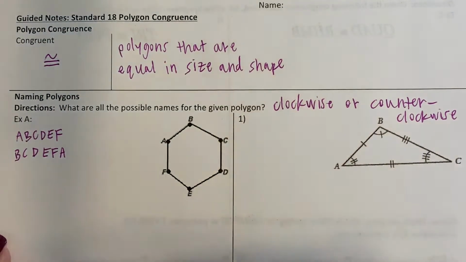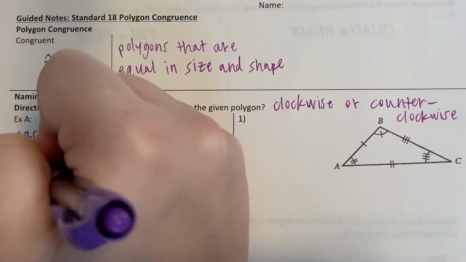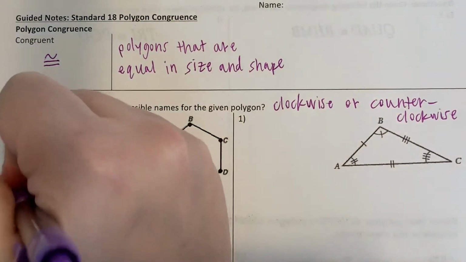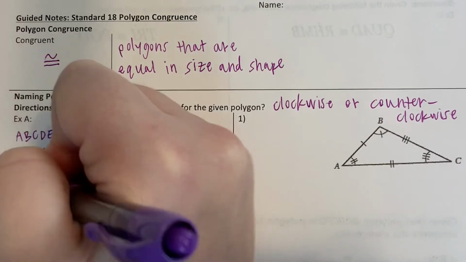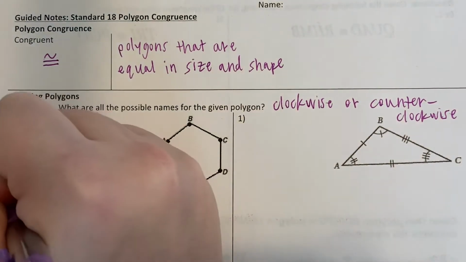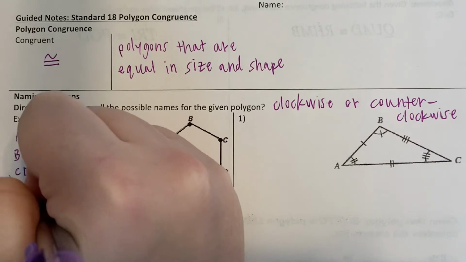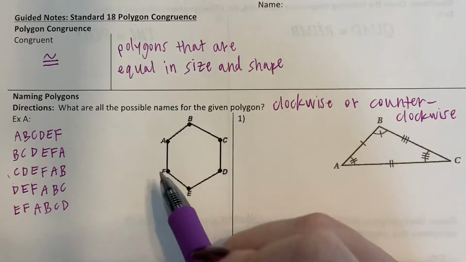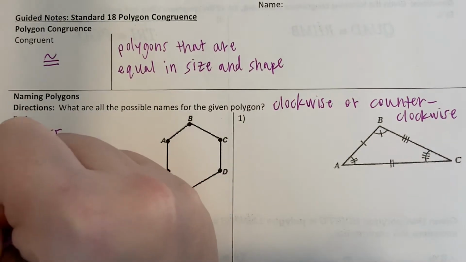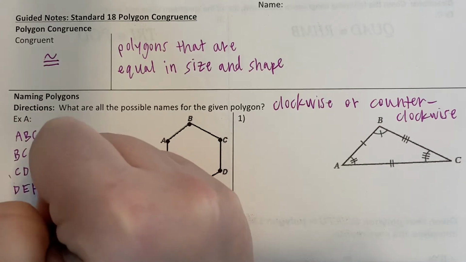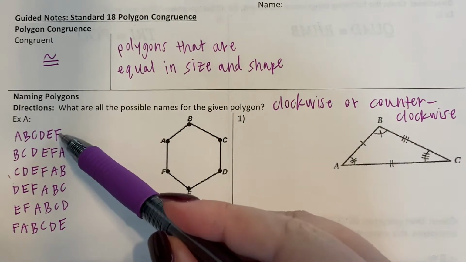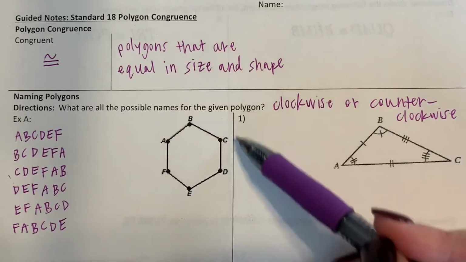Then I could start at point C, and it would be polygon C, D, E, F, A, B. Starting at point D, I'd have polygon D, E, F, A, B, C. Start at point E, and I would have polygon E, F, A, B, C, D. The last way going clockwise would be to start at point F, and I would have polygon F, A, B, C, D, E. So I was able to come up with 6 names going clockwise.